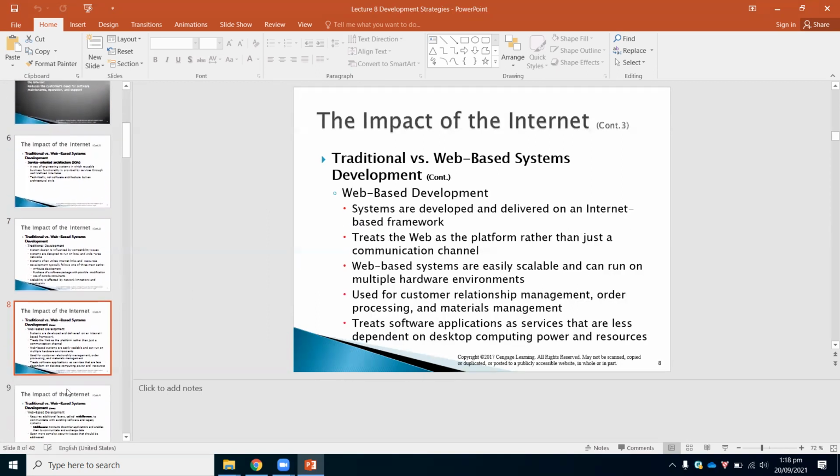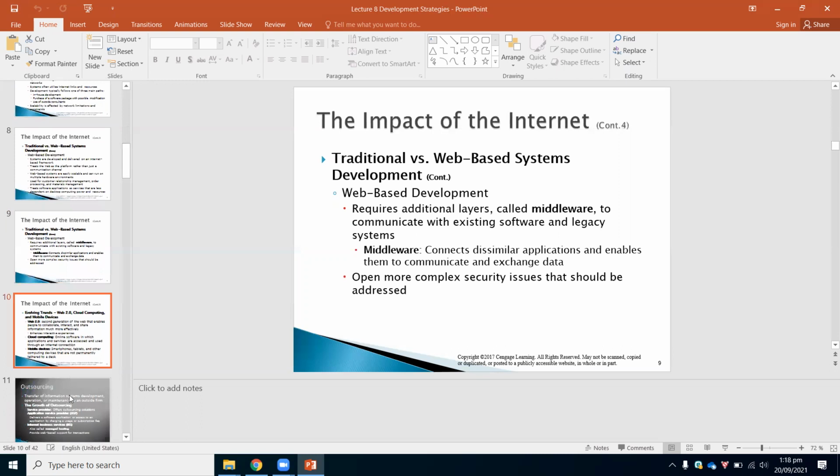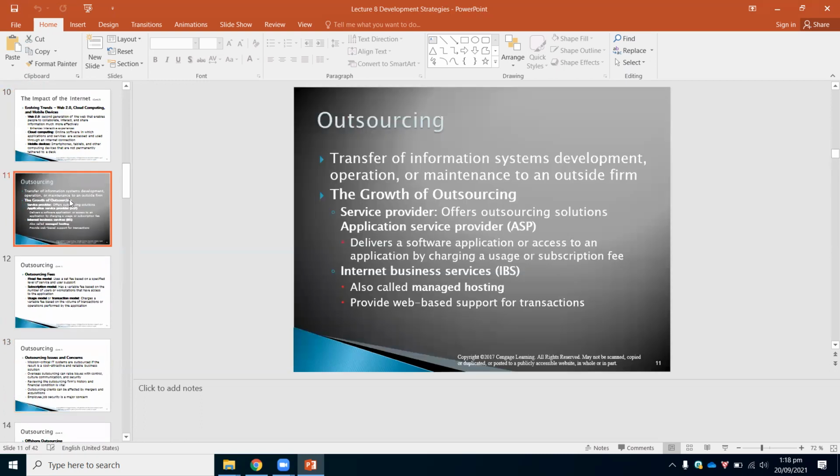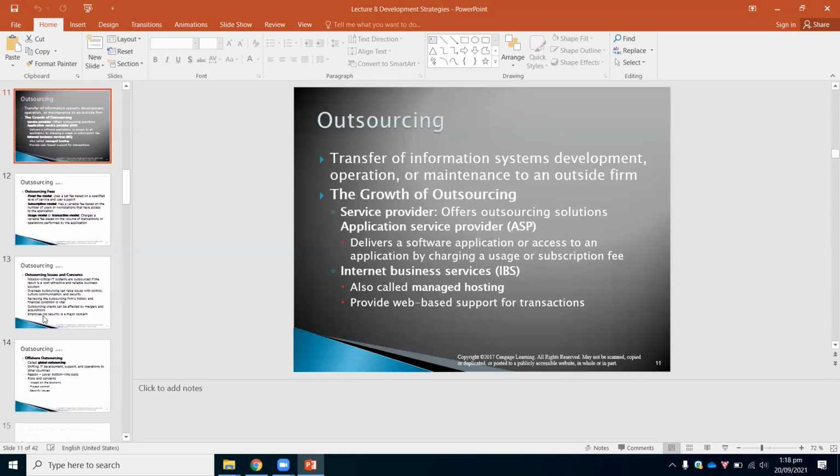You should also know what is outsourcing and the issues and the concerns related to outsourcing. That is slide number 10 onwards.